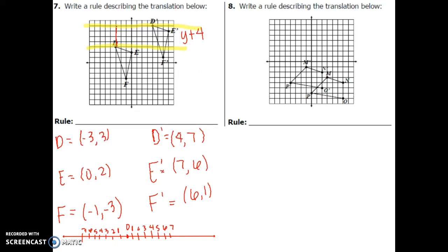For my x's, I went from here to here. Remember, x equals. And so counting those, I would go 1, 2, 3, 4, 5, 6, 7. So I went 7 in the positive direction. So I'm going to say for my x's, I added 7.